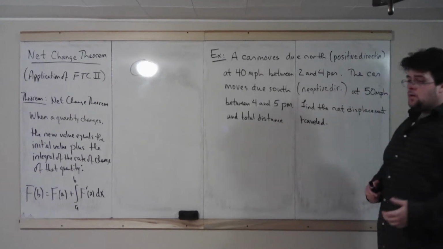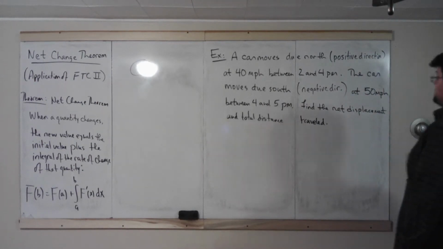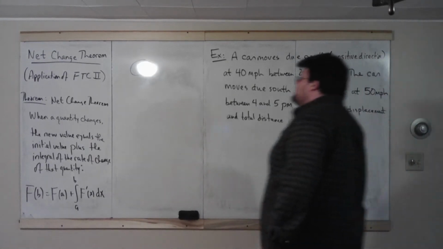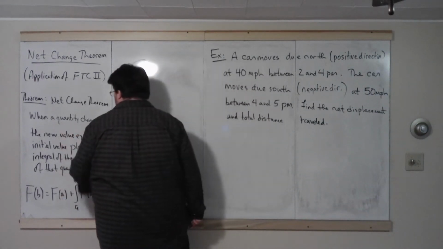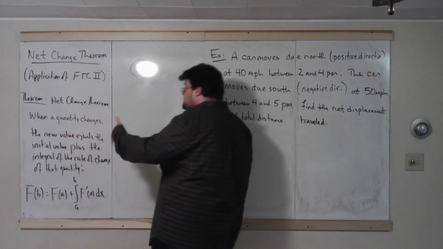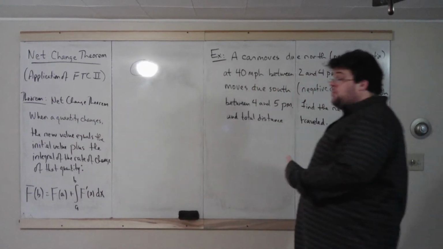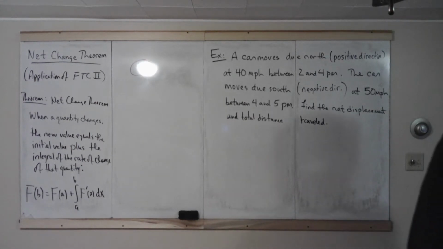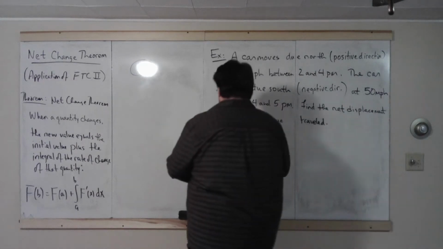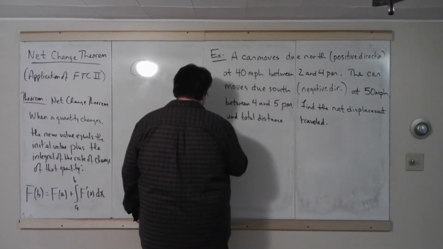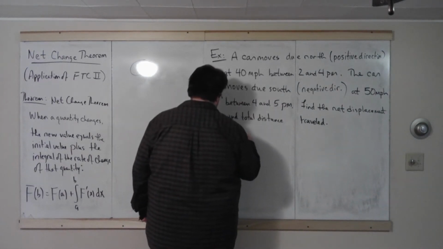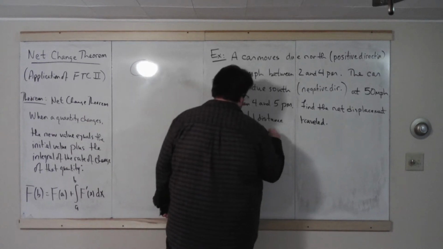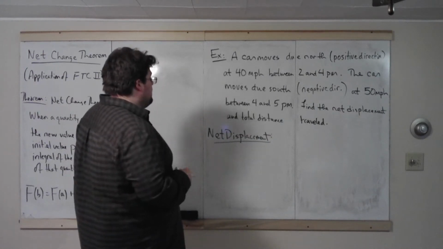So in particular, our velocity function is defined piecewise. The new position equals the old position plus something, meaning that the net change theorem is going to give us the net displacement. And then we'll discuss total distance traveled in a moment.